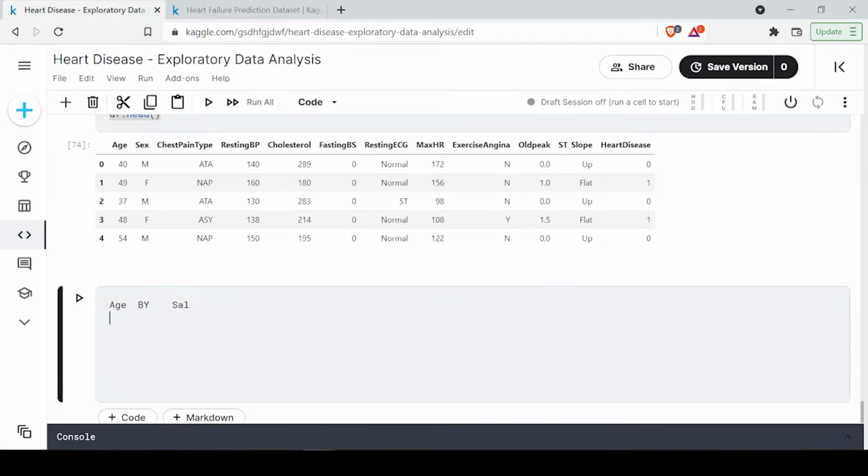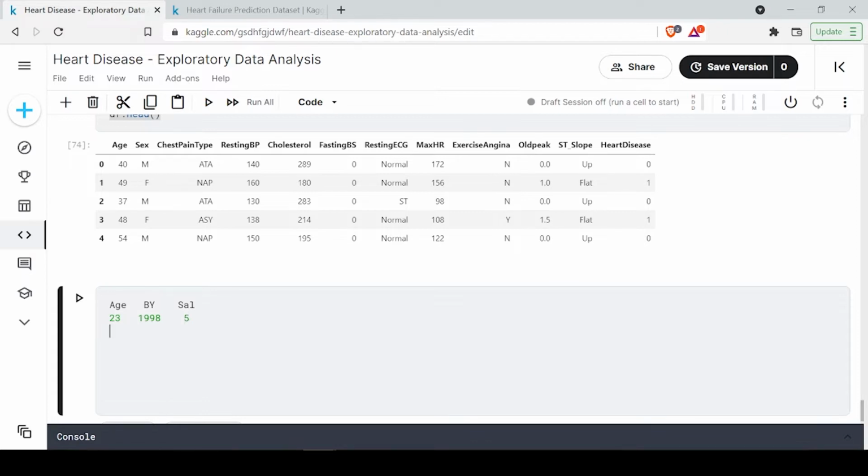Let's suppose a person is 23 years old this time, so his birth year is 1998. These are just the factors I am defining. His salary is, let's suppose, 5 LPA.